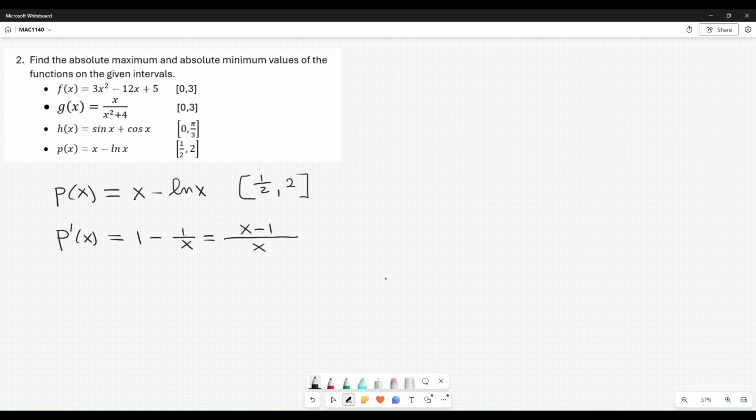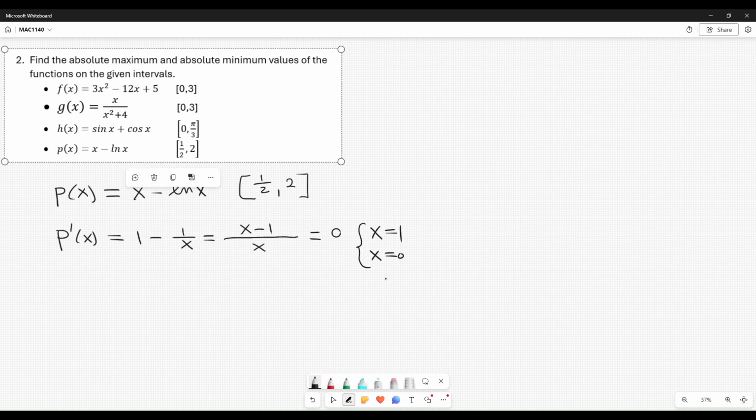It's obvious that it is 0 at x equals 1. But at x equals 0 it is undefined. And these are two potential critical values. However, 0 is out of the interval. Therefore, I do not consider this.